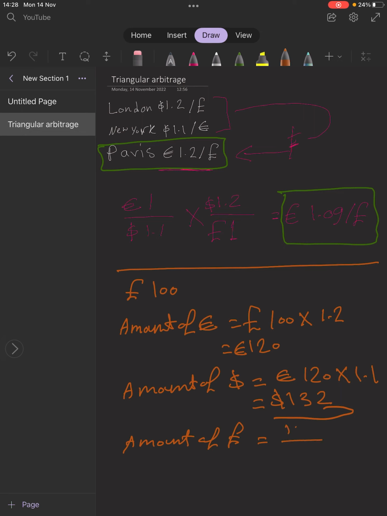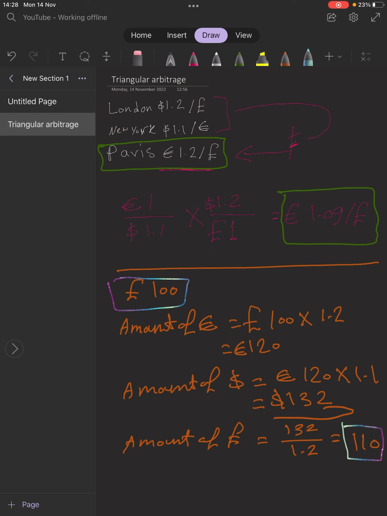So 132 divided by 1.2 will equal 110 pounds. You may notice that we ended with 110 pounds and we began with 100 pounds.